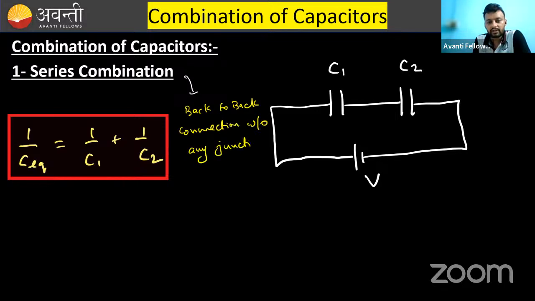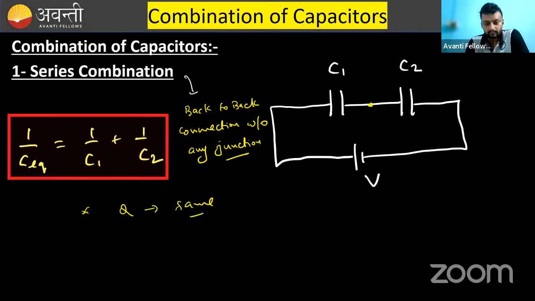They are connected back to back and there is no junction between them. So this is the series combination. And one more thing I will tell you: in series combination, charge remains the same in all the capacitors.